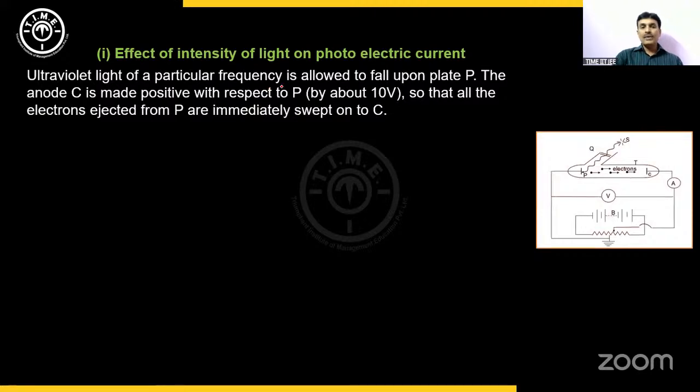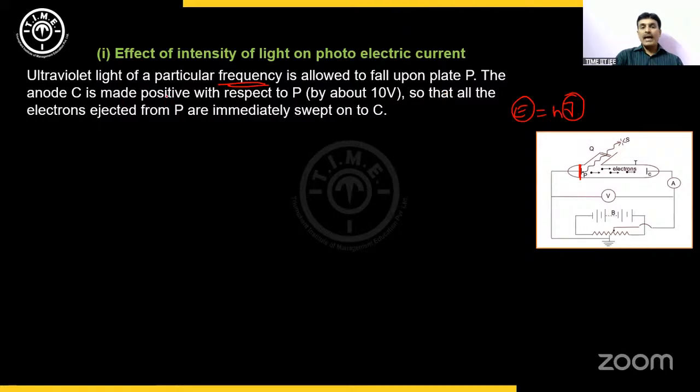UV light of a particular frequency decides the energy of each photon as E equals h nu. Related to this frequency, the energy is fixed. When these photons are allowed to fall upon the metal plate, the metal plate can release the electrons.